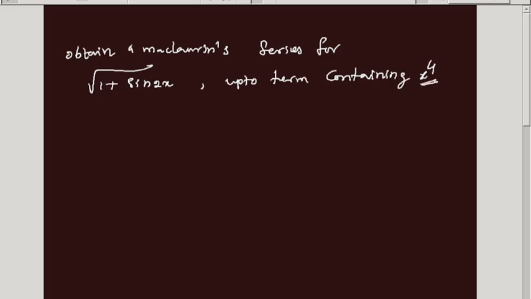So here x power 4 is there, we must differentiate this one 4 times. So solution.